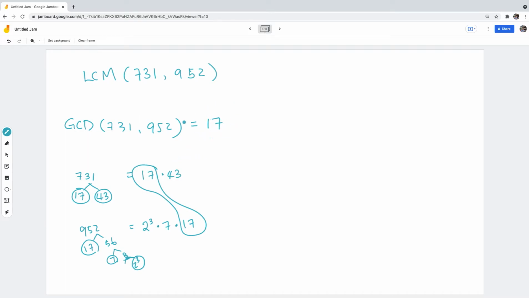Once we found the greatest common factor, you can also think about the product of 731 and 952 being equal to GCD times LCM of 731 and 952. But GCD, we already found that is 17. But we are looking for what LCM of these two numbers are, right?